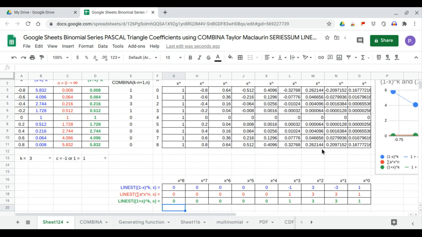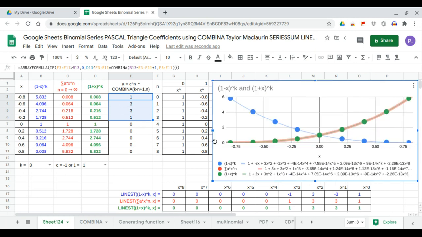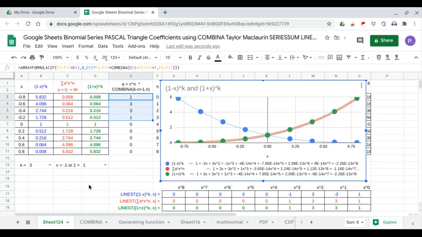Enter. So these are the Pascal Triangle Coefficients, which is also the regression coefficients. In the case of the red or the Taylor-Maclaurin series sum expansion, they are always the same as their expansion coefficients. Now let's compare by changing the values of c.